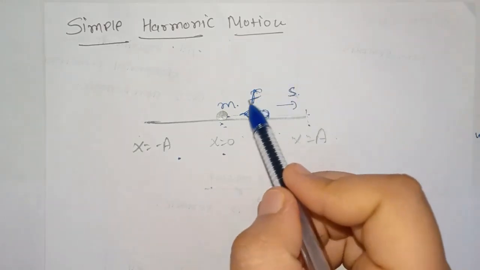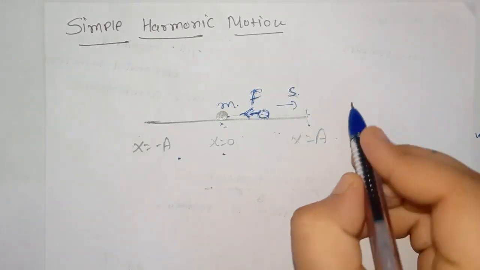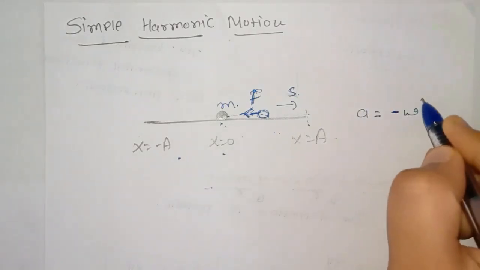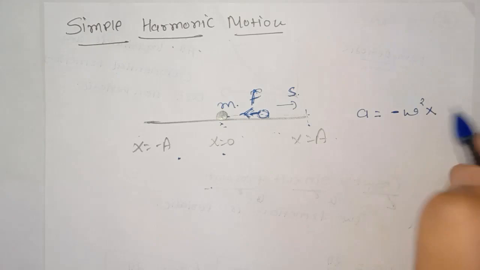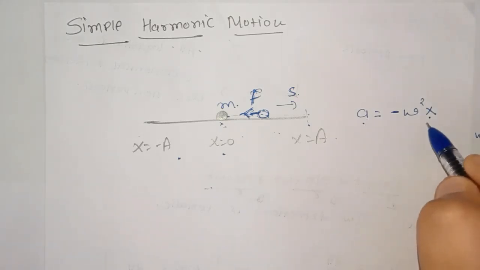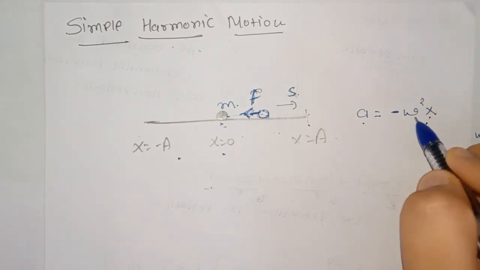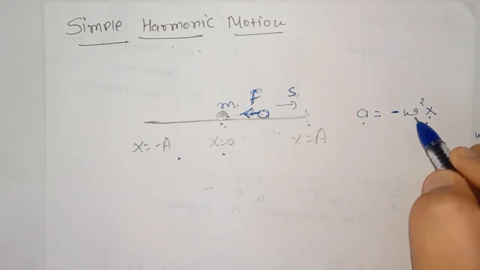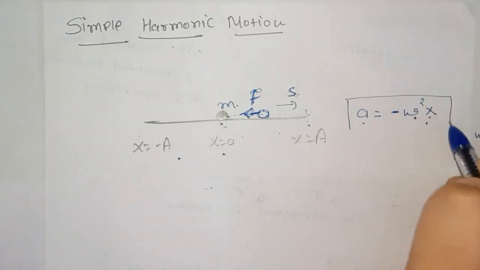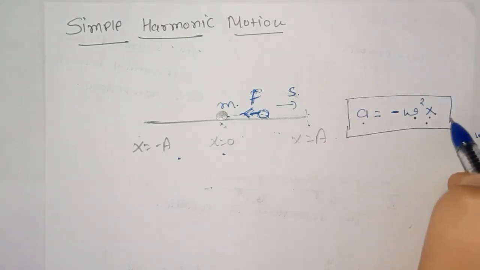If the acceleration due to this restoring force follows the equation a equals minus omega square x, where a is the acceleration, x is the position at a particular instant, and omega is the angular frequency of the object, then the motion is said to be simple harmonic motion.